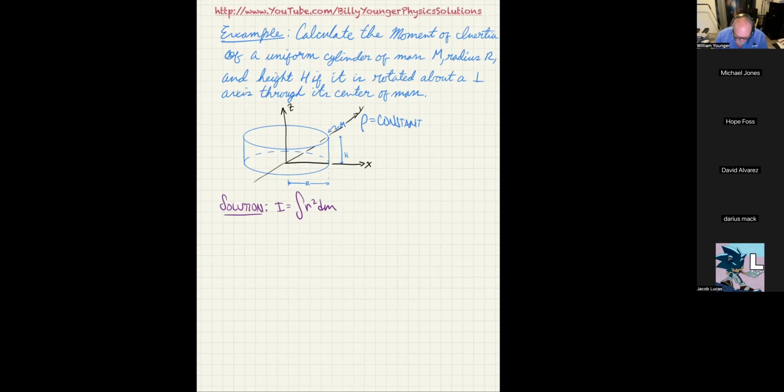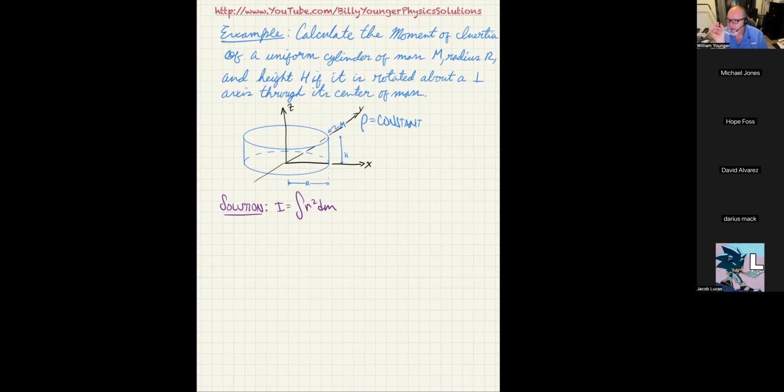So what I'm going to do is choose basically a little cylindrical, let's say, soup can wall without the lid, without the bottom either, but just the soup can wall, so that the wall of the soup can is, in fact, infinitesimally small.